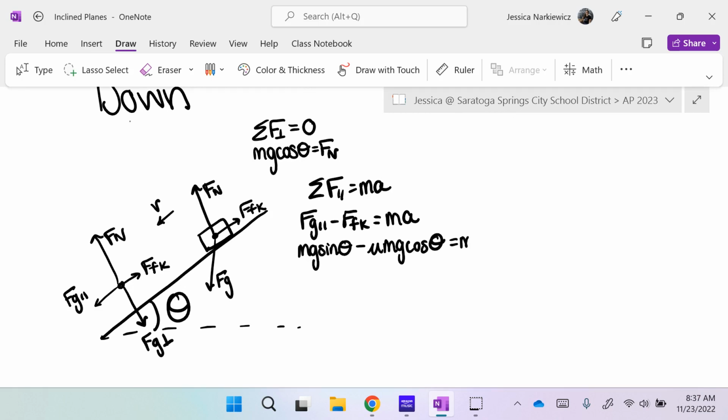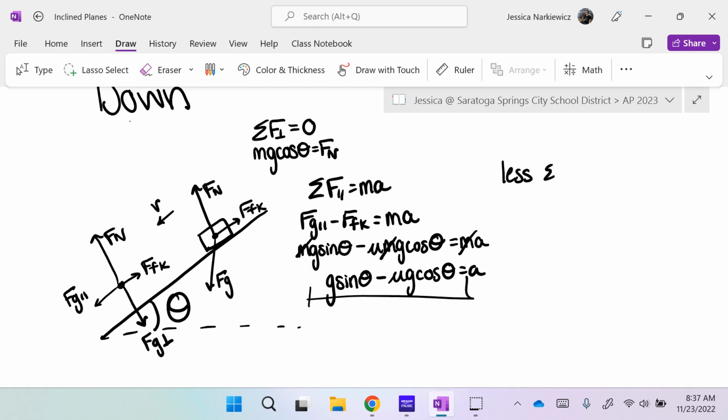So we haven't changed the normal force at all. There's an m in every chunk of multiplication. So here we have g sine theta minus mu g cosine theta as our acceleration. So again, because we're subtracting, we have less net force here, so less acceleration, right? That less acceleration could mean more time to travel the same distance or more distance to have the same change in velocity, all things around that.